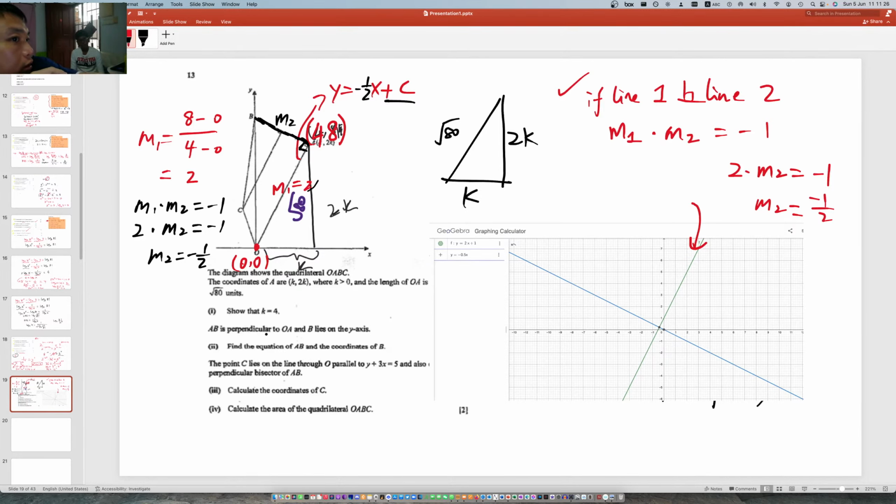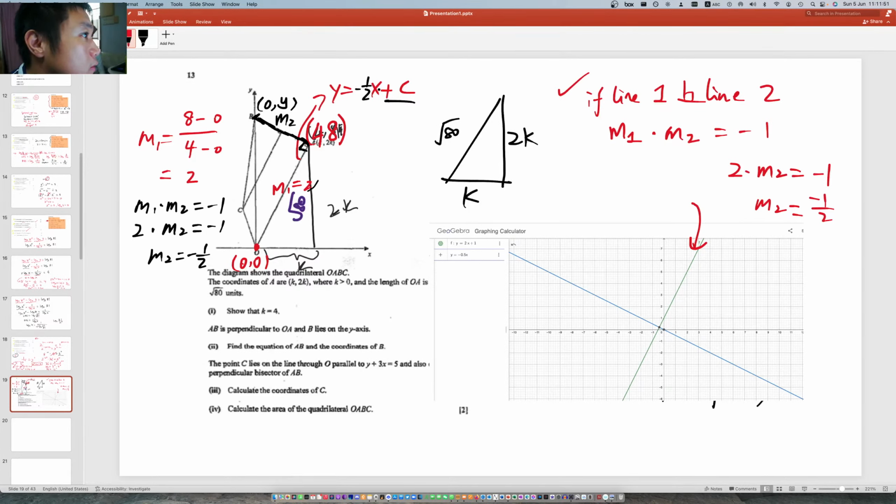In order to get the equation of the line, you need to get the gradient and the y-intercept. Now the question is, how do you get the y-intercept? The y-intercept actually is this point. So it's 0 and y. Why 0? Because it's on the y-axis. You just have to sub the 0 in.